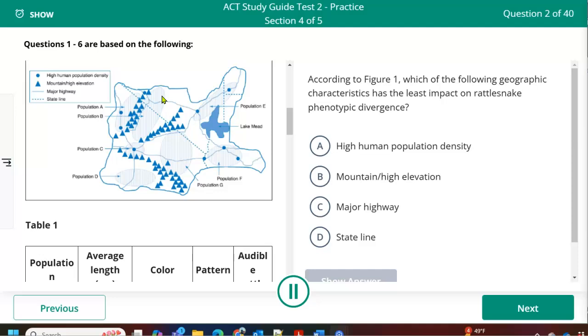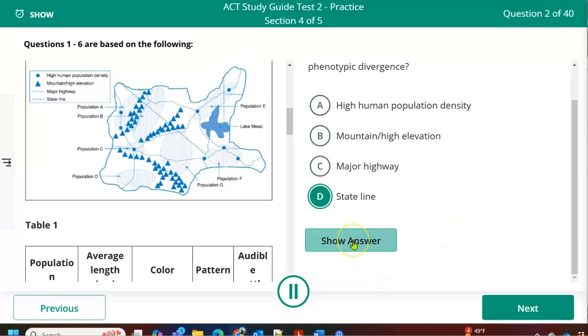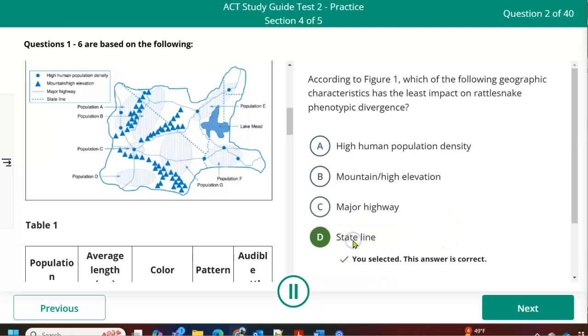Anything else? I think that's about it. It looks like all the others are factors. And anyway, snakes don't know where the state line is. They're not reading the signs. They're like, welcome to Nevada or something like that. So the answer doesn't even really make sense. So let's go with D.